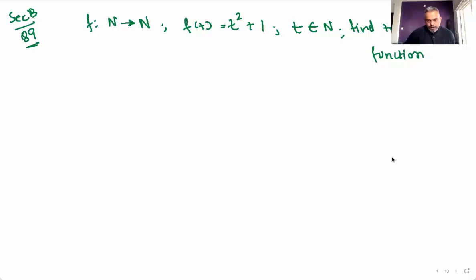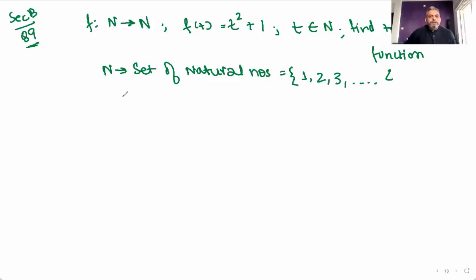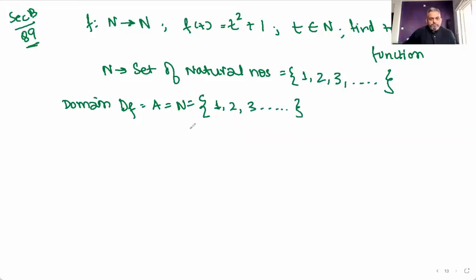So first let's write what is n. N is a set of natural numbers, so countable numbers, which is 1, 2, 3, and so on and so forth. Now domain d of f, which is equal to A, which is equal to n, which is 1, 2, 3, and so on and so forth.